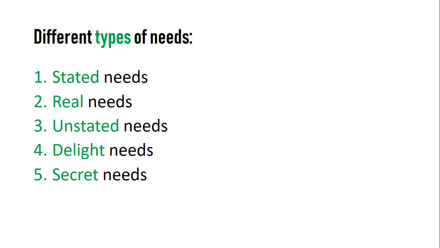And people who are buying Mercedes, who are buying Lamborghini, that is their secret need, to show their friends and family and the society that they possess these things. Okay, so these are the secret needs. And by identifying all these needs, the market used to play with the mind of the customer.